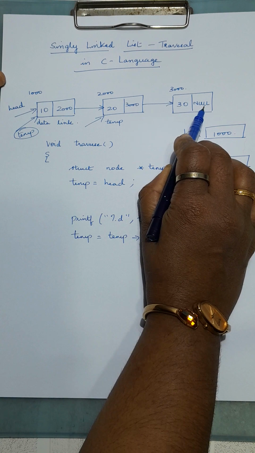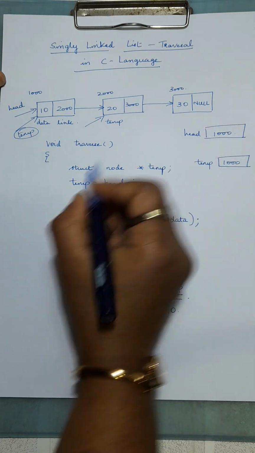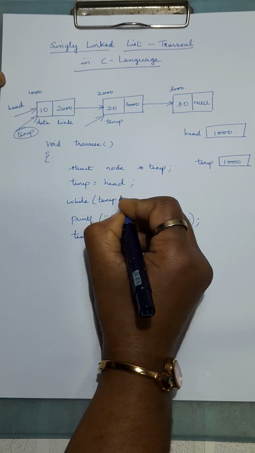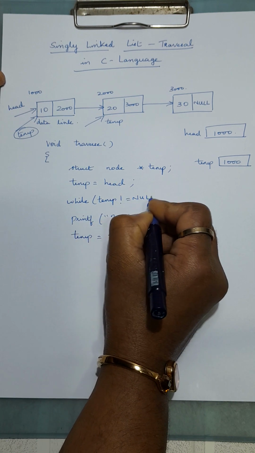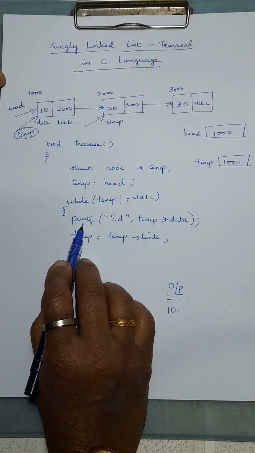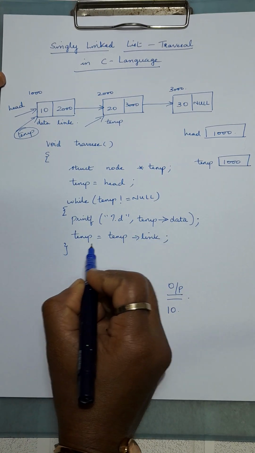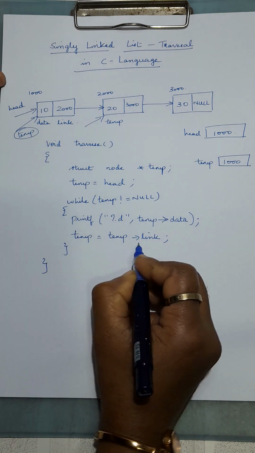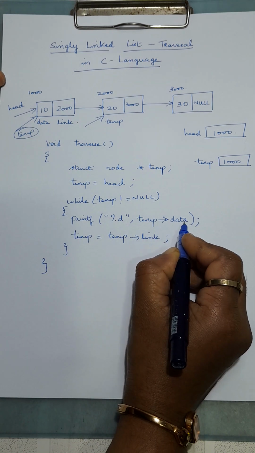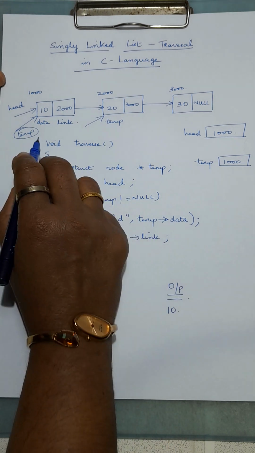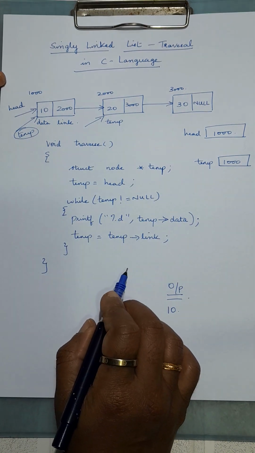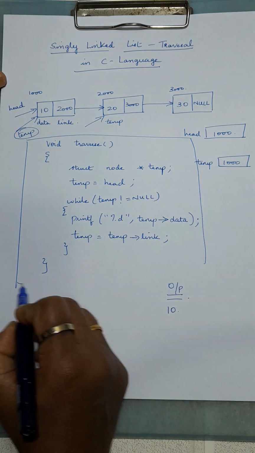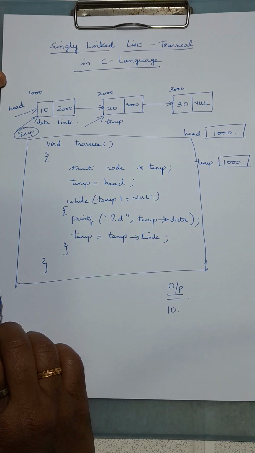When temp reaches null, which means there are no further nodes, the condition will be while temp not equal to null, I'll read each and every node and then increment the temp pointer. Using the arrow operator, I retrieve the data, and using the arrow operator, I move the temp variable to the next node. Now this is the entire code for traversing the singly linked list data.